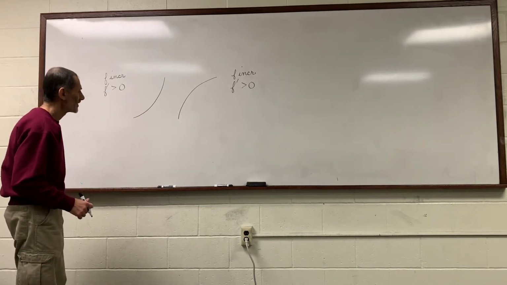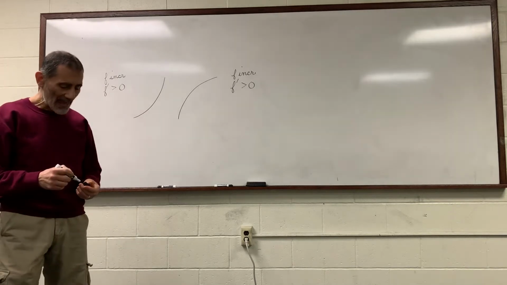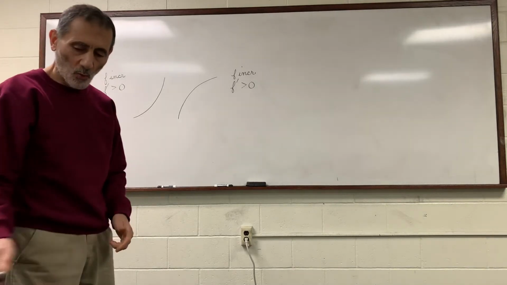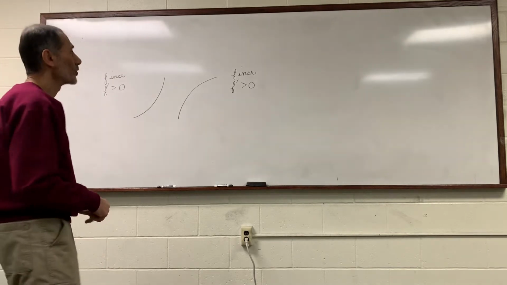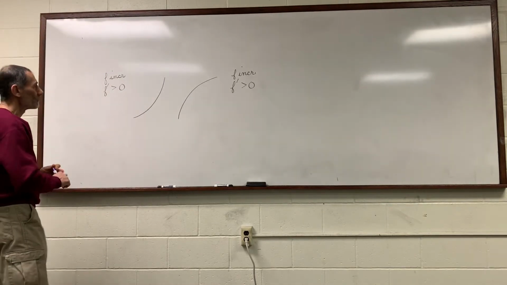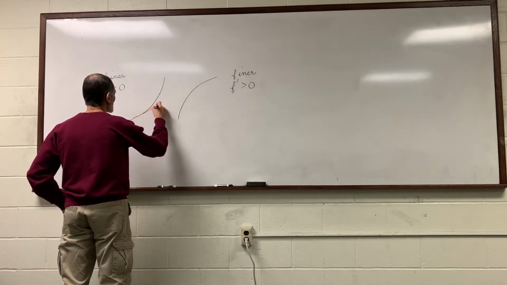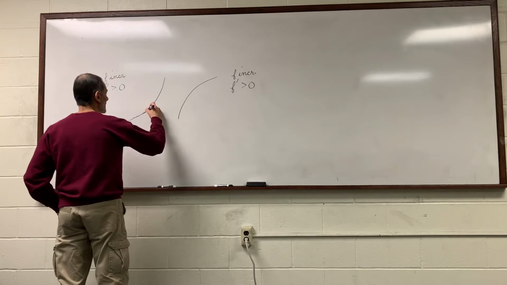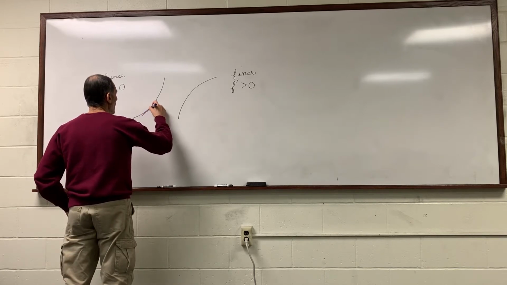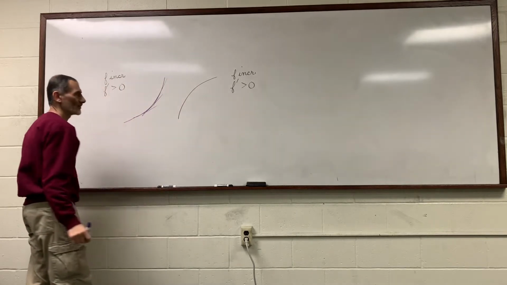What is that? Well, if we take a look not at just what f is doing, but what the slope is doing, that is, what f prime is doing, we know that it's positive. But if we take a look at the slope, we'll see that the slope is positive here. And as we go from left to right, the slope becomes more positive.